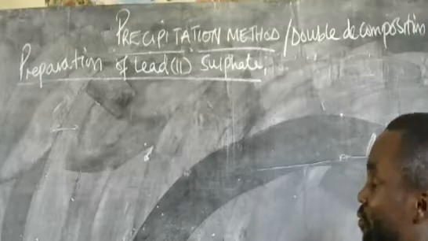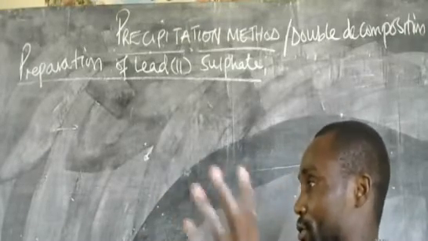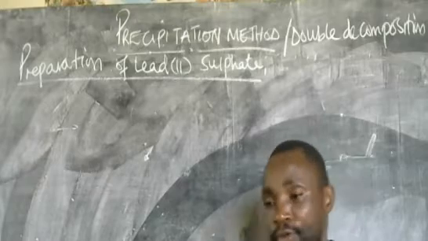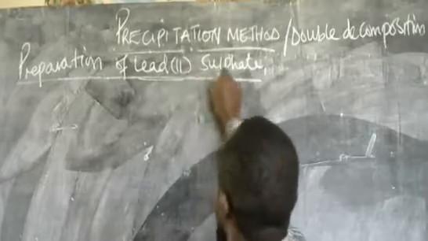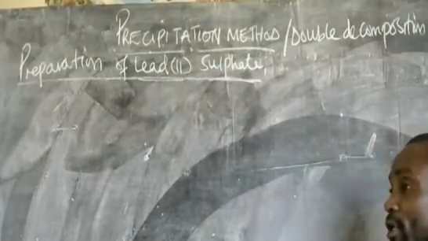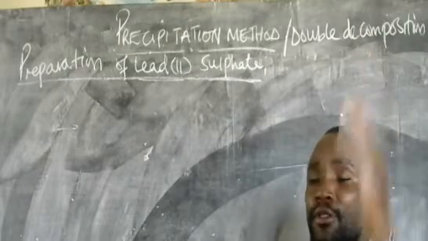Since we have said that it's prepared basically by precipitation, we are going to have 2 aqueous solutions set to react. One is a solution of lead 2 ions and another a solution of sulfate ions. The soluble salt of lead we know is nitrate, because all nitrates are soluble in water.